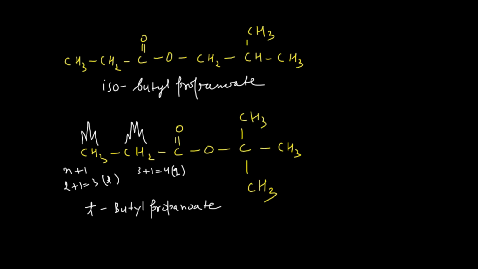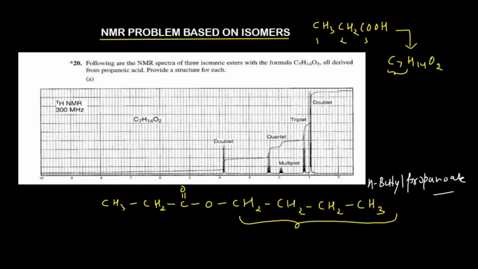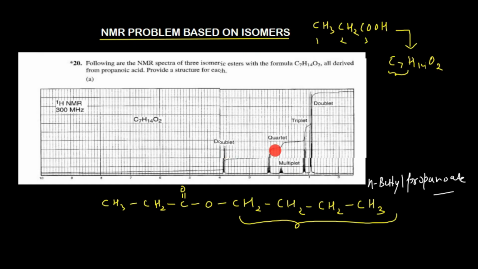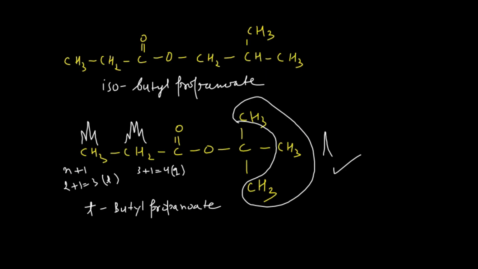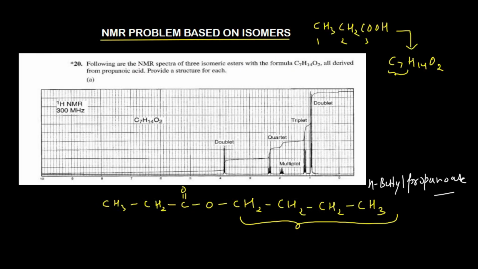They are isochronous, so they will produce only one peak, which will be your singlet. Okay, so this is tertiary butyl propanoate. If I look at my spectra, this spectrum is quite typical: doublet, quartet, multiplet, triplet. So this is not exactly looking like this particular one. So what I can do, I can move to the next one, right?